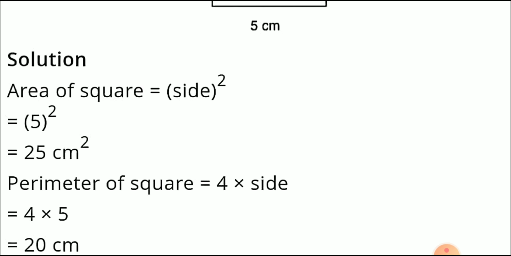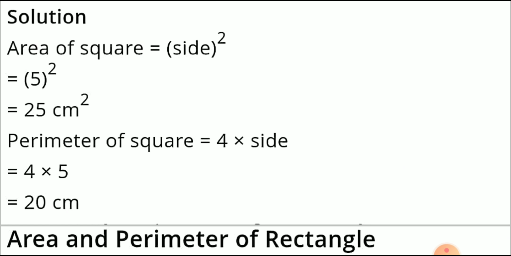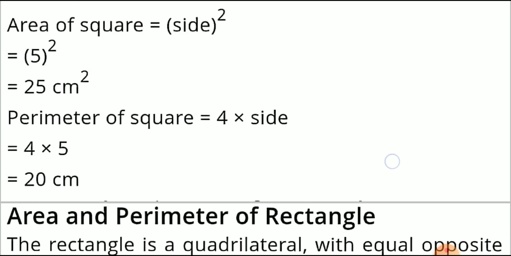Now see the solution. Area of square equals side into side or side square. 5 square equals 25 square centimeter. Whereas perimeter of square is 4 into side, 4 into 5 equals 20 centimeter.